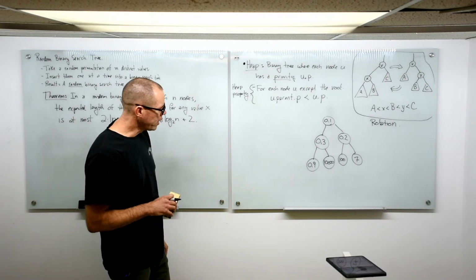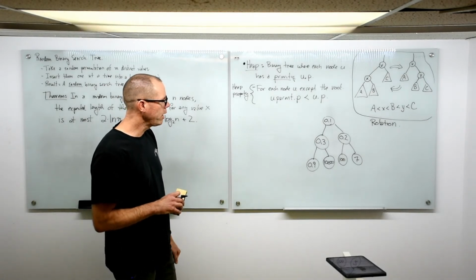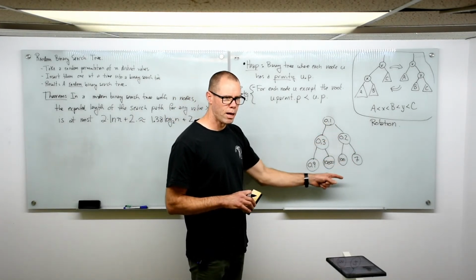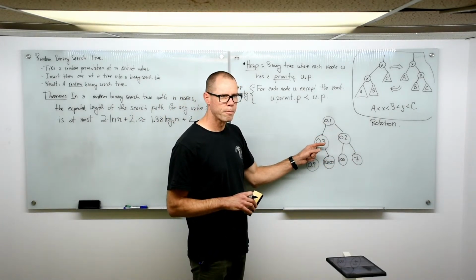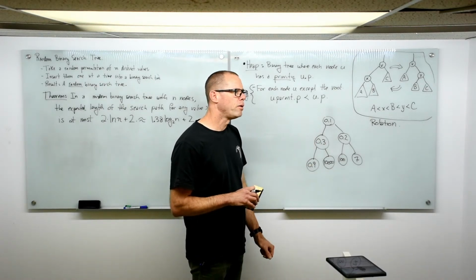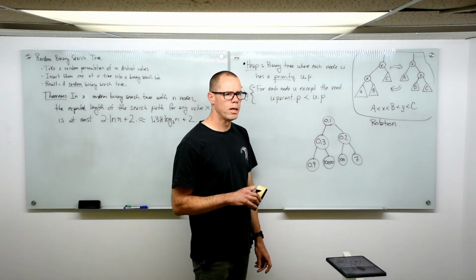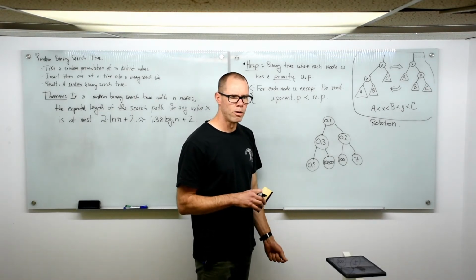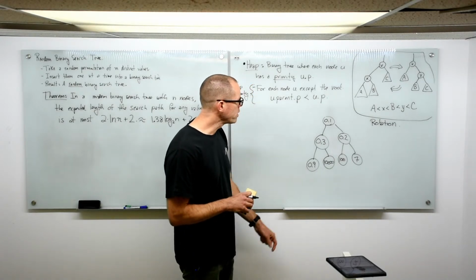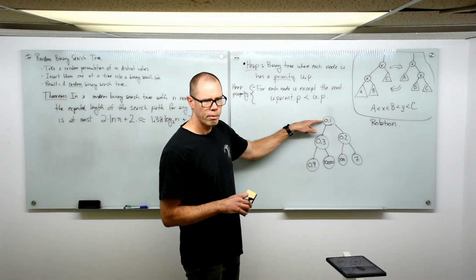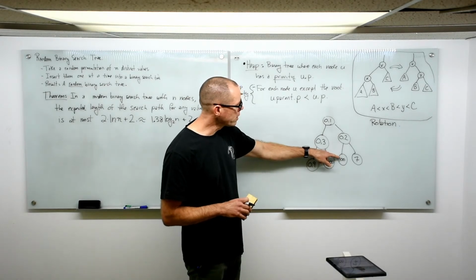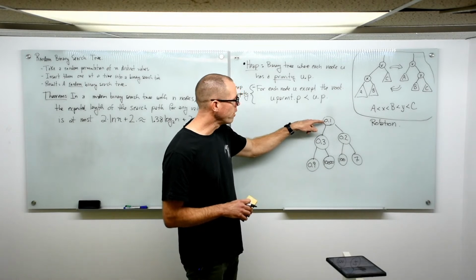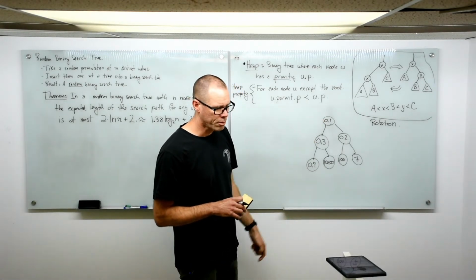Well, if everybody except the root has a larger priority than their parent, you have to wonder, where does the smallest priority go? There's nothing smaller than the smallest priority, and so the only place that could go is at the root. I can't put the smallest value down here because this has a parent which needs to have a smaller value. So the smallest priority always ends up at the root.